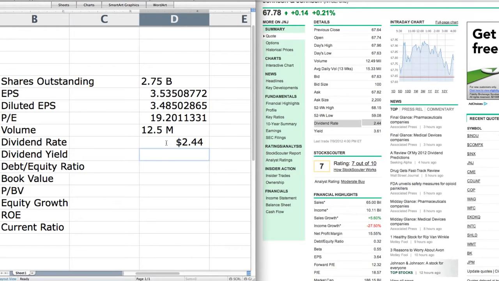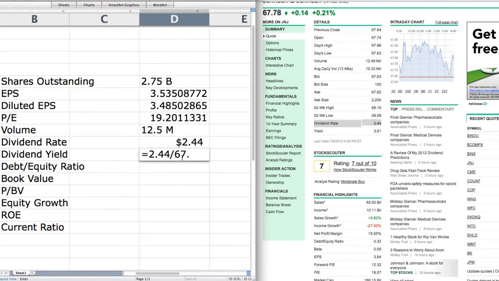Okay, the dividend yield. In order to calculate the dividend yield, all you're going to do is take the rate divided by the market price. Okay, so what we're going to do is hit the equal sign. Our rate, like we just said, is $2.44, and we're going to divide that by our market price of $67.78.